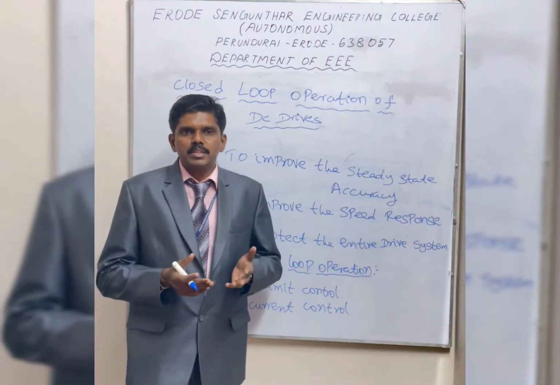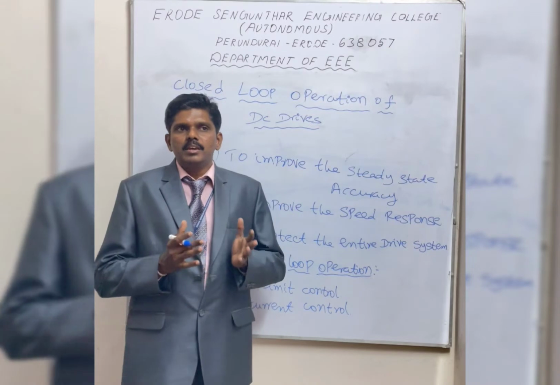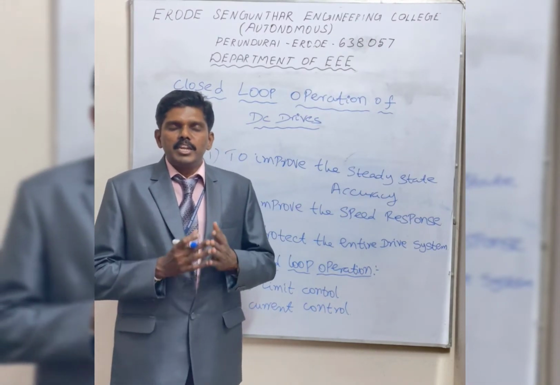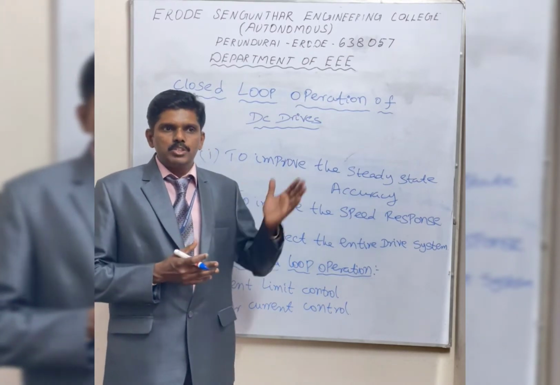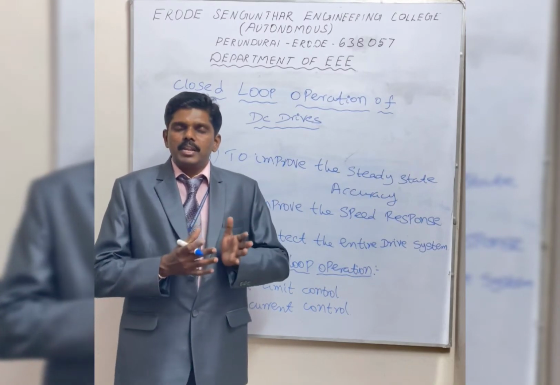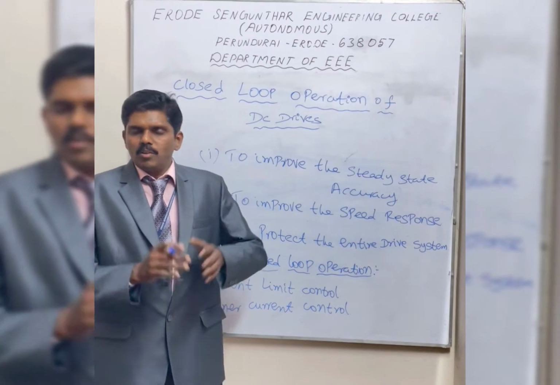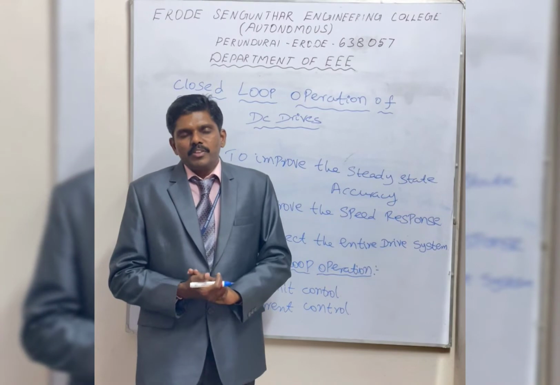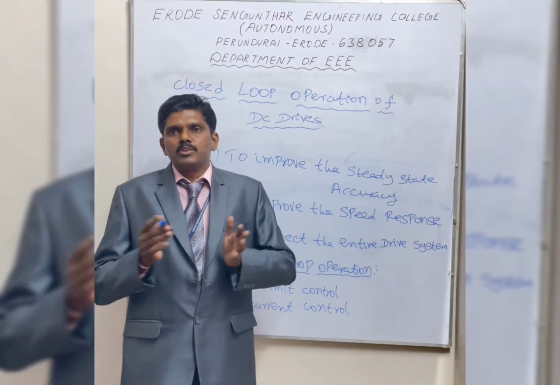The second method is called field weakening control, or simply the field control method. What is the field control method? We vary the field current while maintaining the armature voltage constant, such that we can obtain control over the speed of the DC motor. What is the difference between armature voltage control and field weakening control? It is based on the speed values.